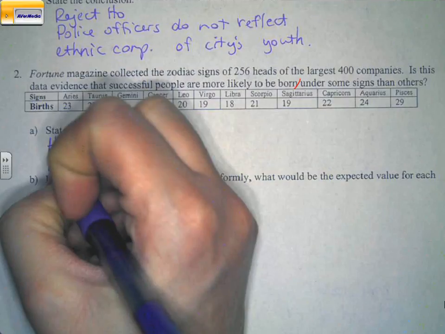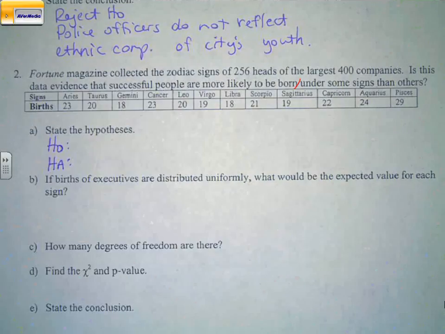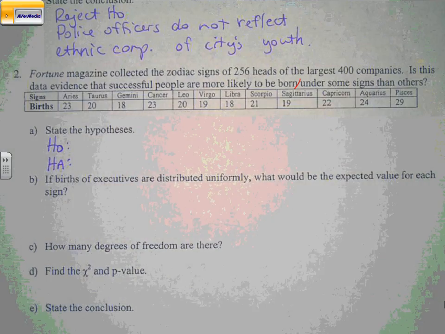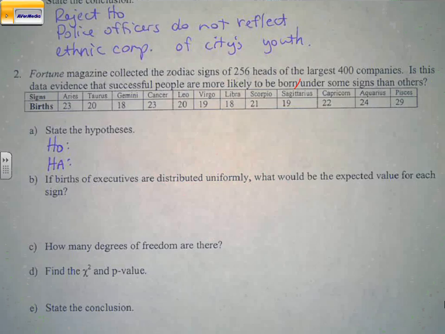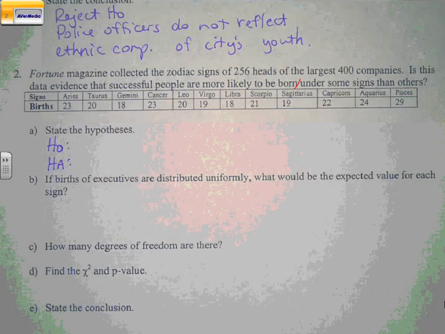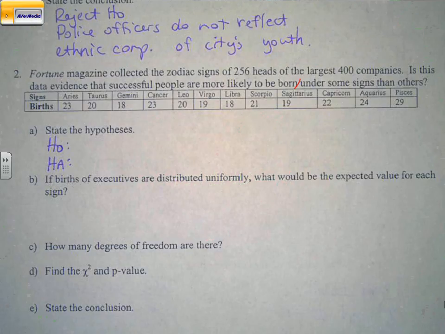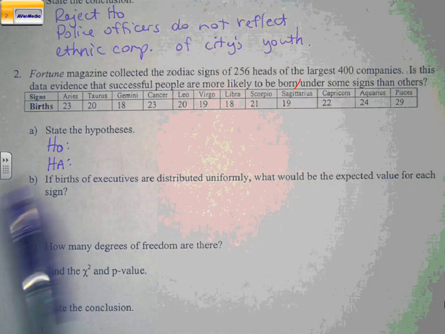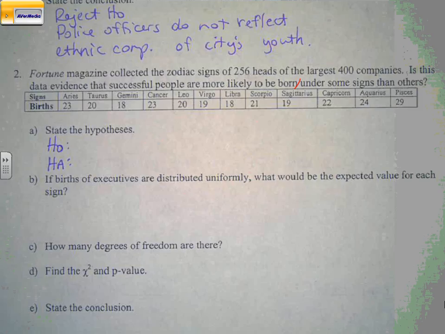So first thing we're going to do is state the hypotheses. This one doesn't really give you a lot of information. It doesn't really tell you what we expect. But we're trying to see if they're more likely to be born under some signs than others. So are they more likely to be a Taurus?